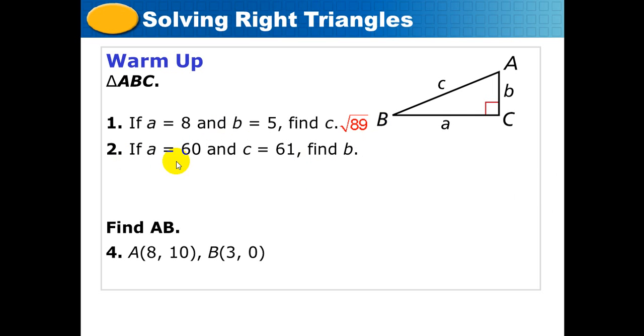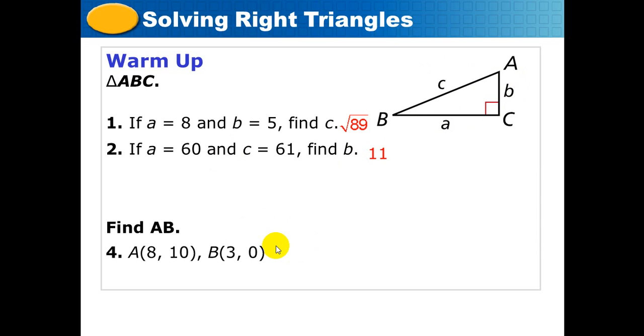Number 2, if A equals 60 and C equals 61, find B. B is not the hypotenuse, so B squared equals C squared minus A squared. So B equals the square root of C squared minus A squared. By using a calculator, we get B equals 11.